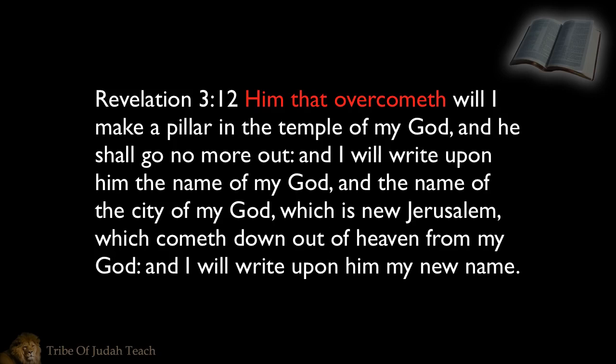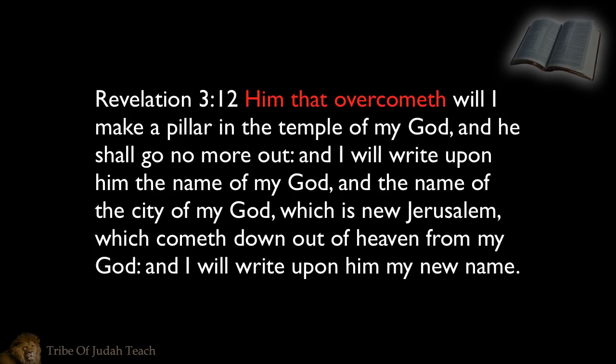Now, notice it says, him that overcometh, meaning this is going to happen at the end, once we overcome the wickedness of this world. What is he going to do? It says, "And I will write upon him the name of my God, and the name of the city of my God, which is New Jerusalem, which cometh down out of heaven from my God."